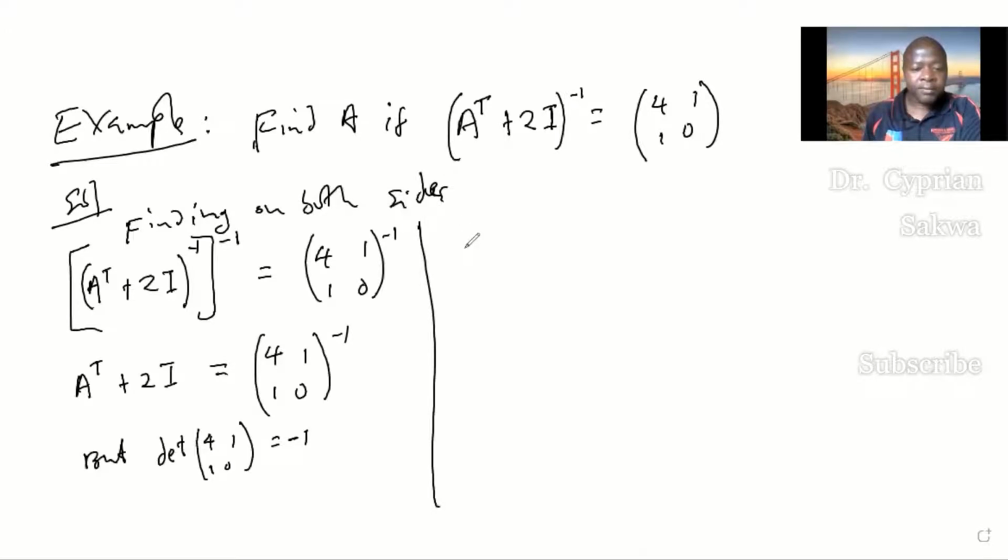So the inverse of 4, 1, 1, 0 is 1 over the determinant times the adjoint. We reverse the diagonal and change the signs of the other entries, negative 1, negative 1. So this inverse is 0, 1, 1, negative 4 if I multiply through by negative 1.